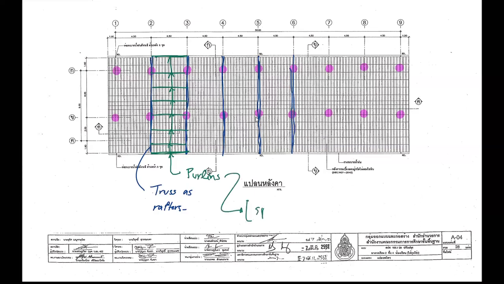Its spacing is according to the roof. Okay, because it depends on what kind of roof you are going to use. And when you know what kind of roof you are going to use, you must provide the spacing of the purlin to support the roof.